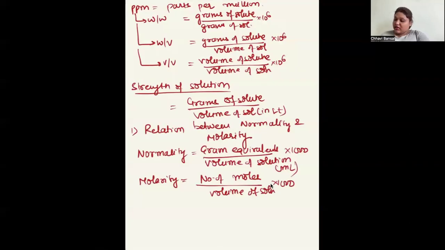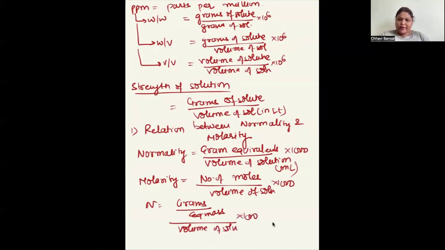It's just that for gram equivalents, we can write normality equals grams divided by equivalent mass, divided by volume of solution into 1000.